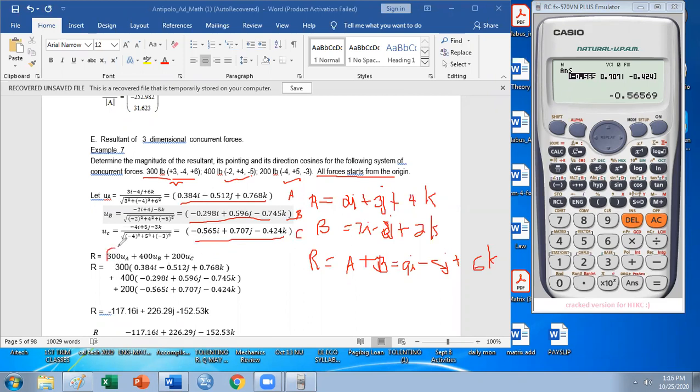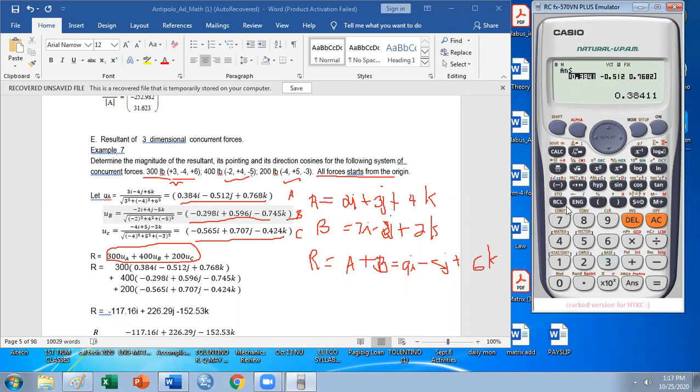Ito yung gagawin natin para ma-compute yung resultant ng tatlo. So, ang gawin mo, ganito. Shift 5, 3 divided by absolute value of shift 5, 3, there.